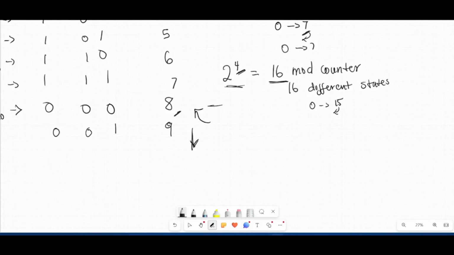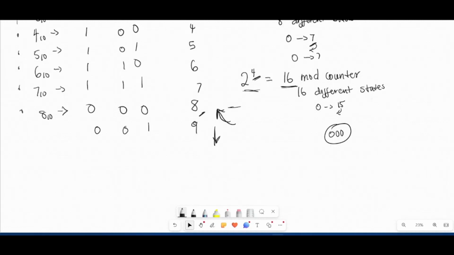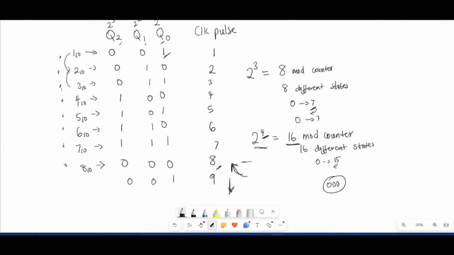So now one more thing before you go. You can draw out this mod 8 counter in a state transition diagram. So we're going to start from 000. This is before the clock pulse, and this is 0 in decimal.